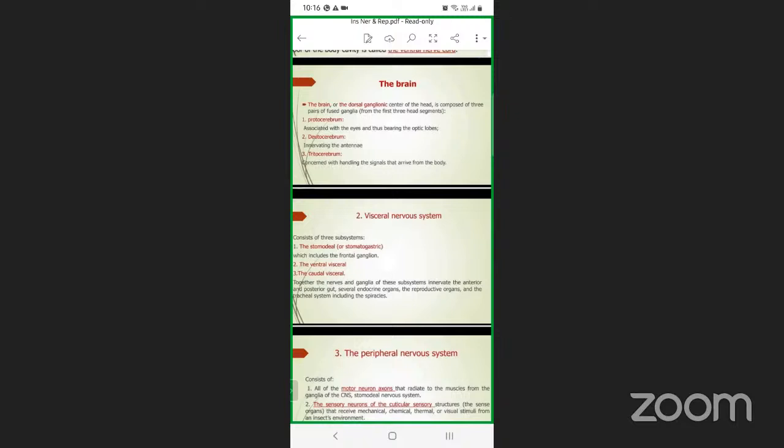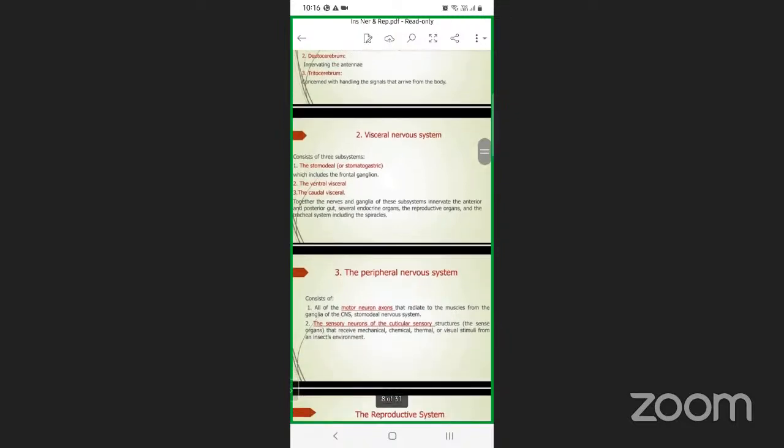When we see the visceral nervous system, we find it consists of three subsystems: stomodeal, ventral visceral, and caudal visceral, which include the frontal ganglia.